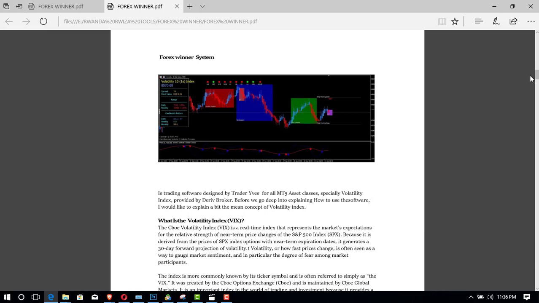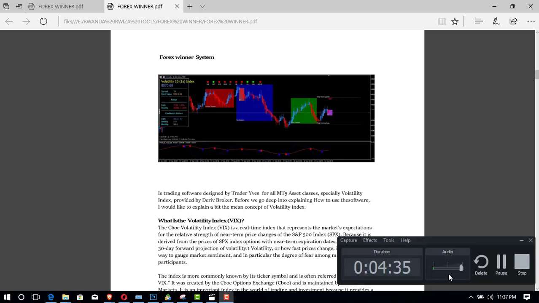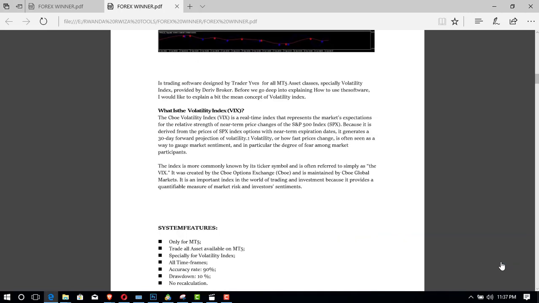The CBOE volatility index, or VIX, is a real-time index that represents the market expectation for the relative strength of near-term price change of the S&P 500 index, SPX, because it is derived from the price of SPX index options with near-term expiration. It generates a 30-day forward projection of volatility, or how fast price changes, often seen as a way to gauge market sentiment, and in particular the degree of fear in the market.